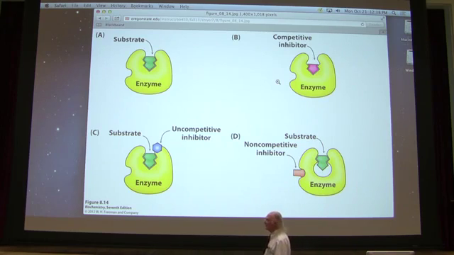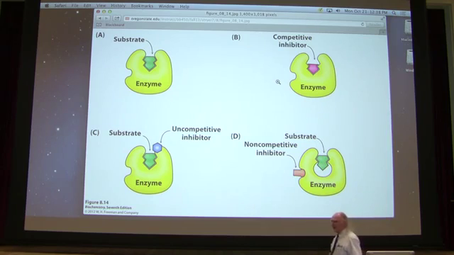It's called a competitive inhibitor because it competes with the substrate for the active site of the enzyme. And by the way, the active site is the place where the reaction occurs. It competes with the substrate for the active site of the enzyme. It competes because it looks like it. All right? Well, that's one way that we could knock out this enzyme.